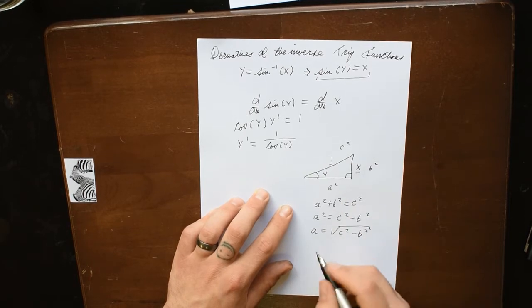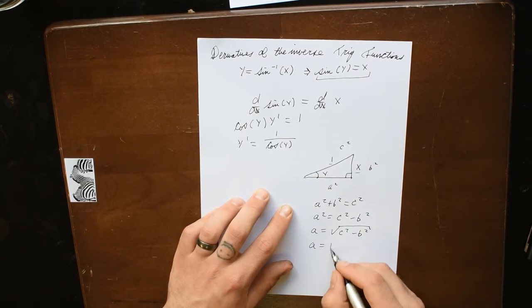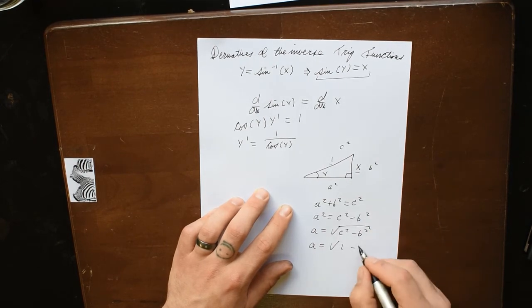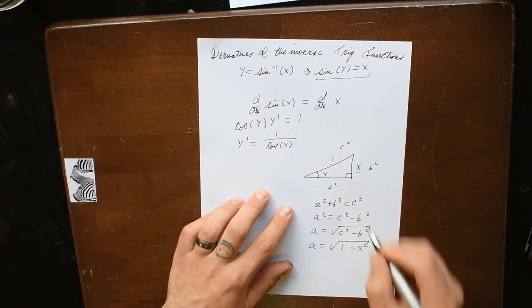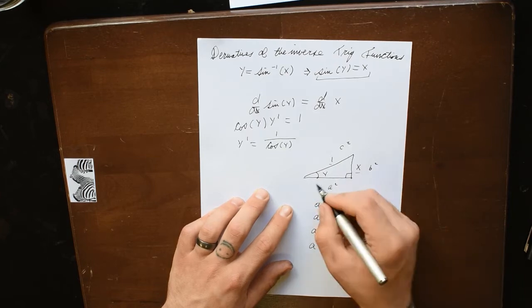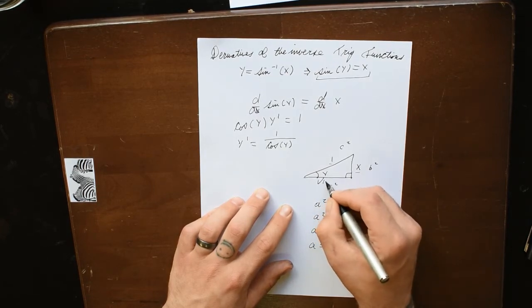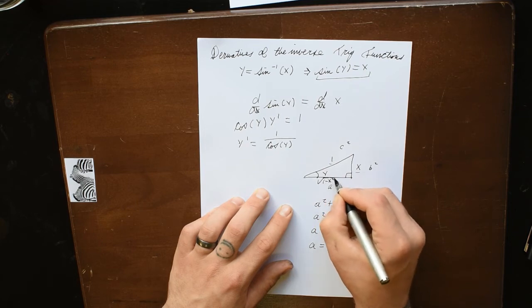And for this mini problem, that means a is equal to the square root of 1 minus x squared. So we get this side length being equal to the square root of 1 minus x squared.